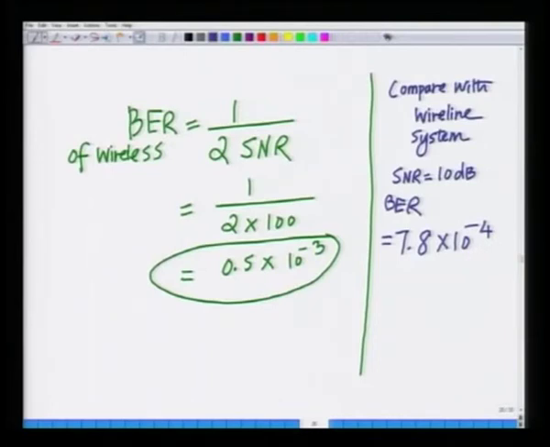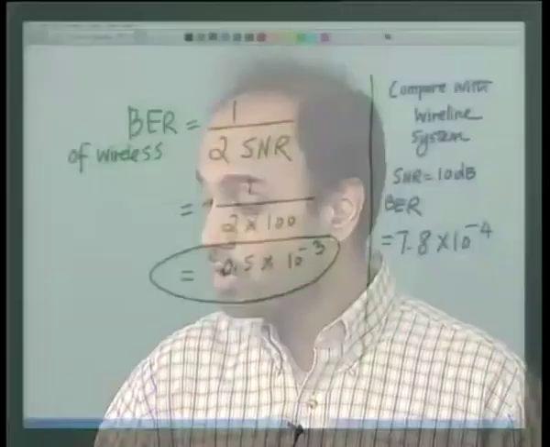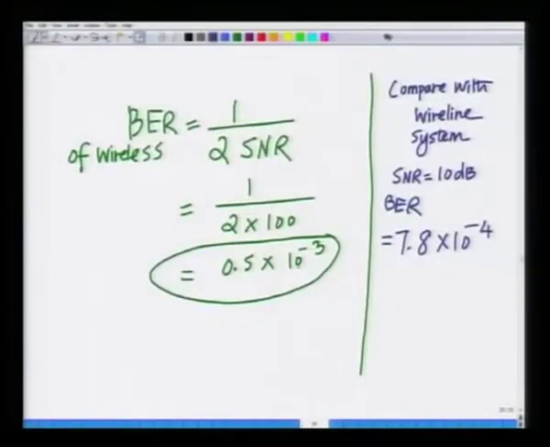All right. Now, compare that with the performance of a wireless communication system at SNR 20 dB, which is 10 dB higher than 10 dB, which means it is 10 times the SNR of a wired system. The probability of bit error is only 0.5 into 10 power minus 3, which is also 5 into 10 power minus 4.